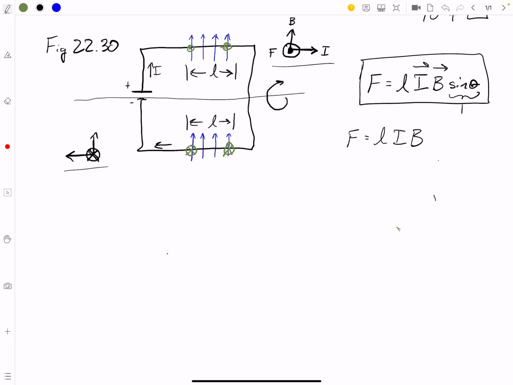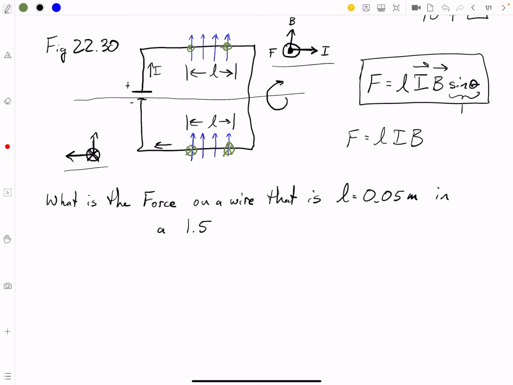What is the force on a wire that is L equal 0.05 meters in a 1.5 Tesla B field, and the wire has how many amps?